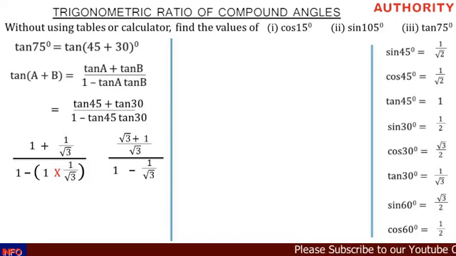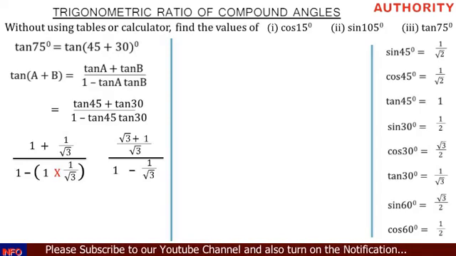In the other side, we have root 3 divided by root 3 is going to give us 1. 1 times 1 is 1. So therefore, in the numerator, when we combine it together, we are going to have root 3 plus 1 all over root 3.